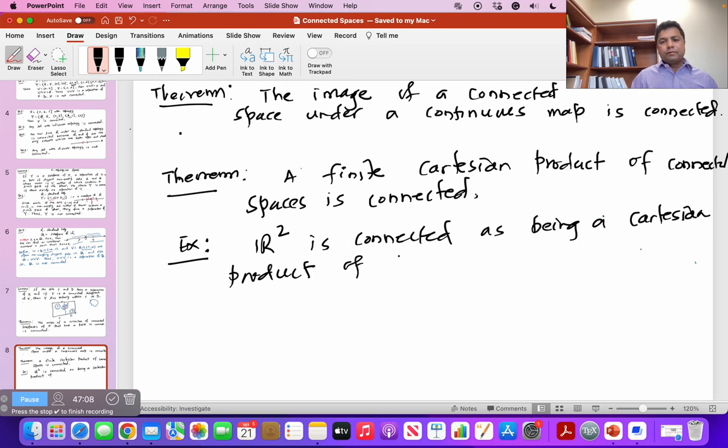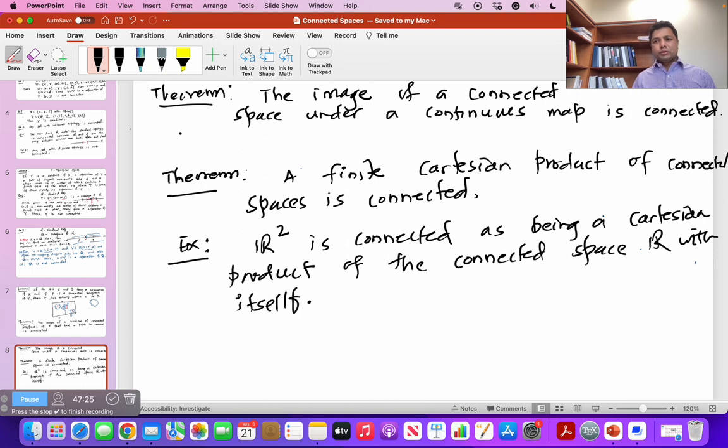If we take the Cartesian product of R with itself, we get R2. Since R is a connected space in the standard topology, R2, which is R cross R, is connected in the standard topology.